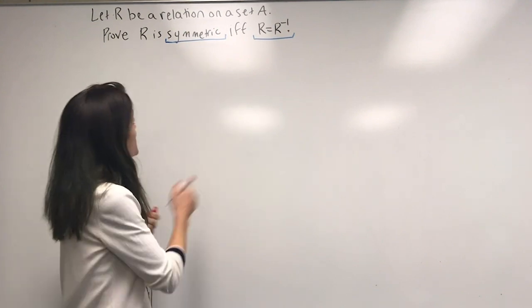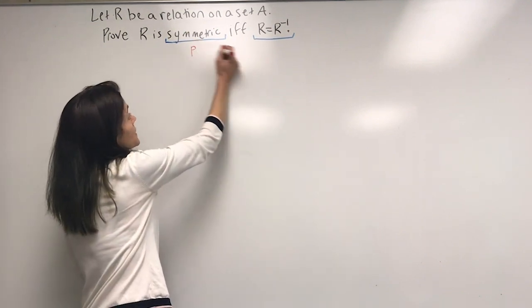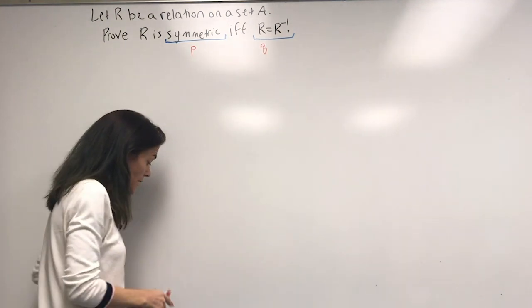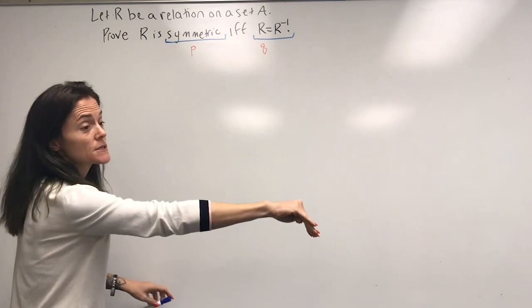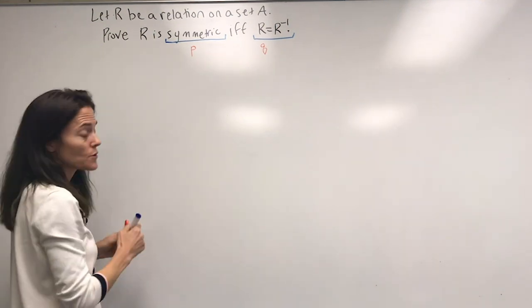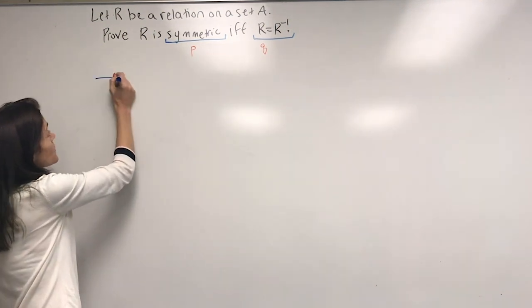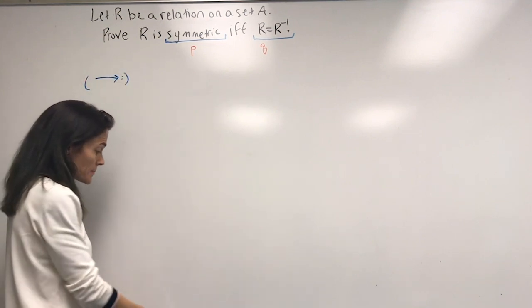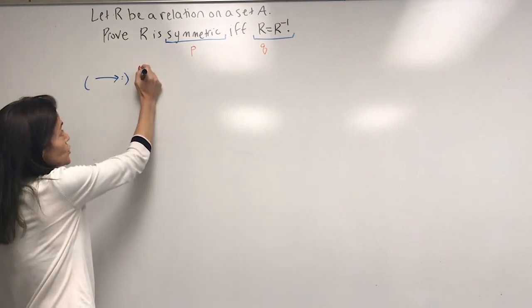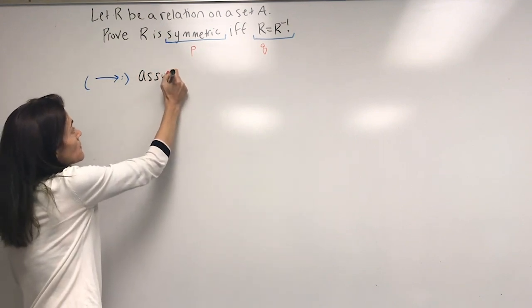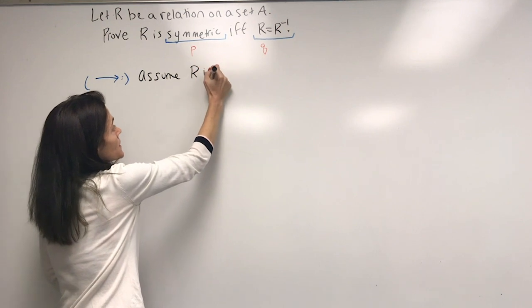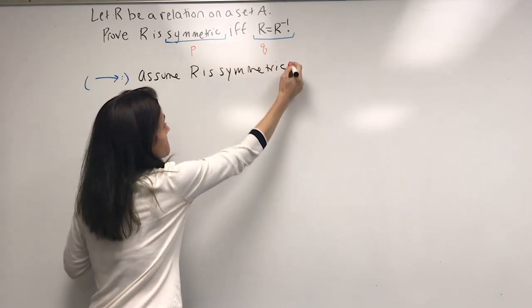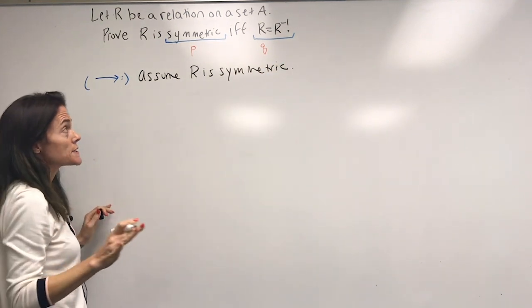So if I call this first one P and Q, when we prove an if and only if, there's two directions to prove. We have P implies Q, and then we have Q implies P. So first I will move in this direction. This is the P implies Q, and so I assume that R is symmetric, and I need to show R is R inverse.